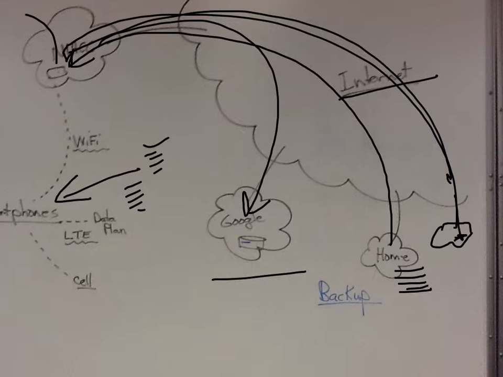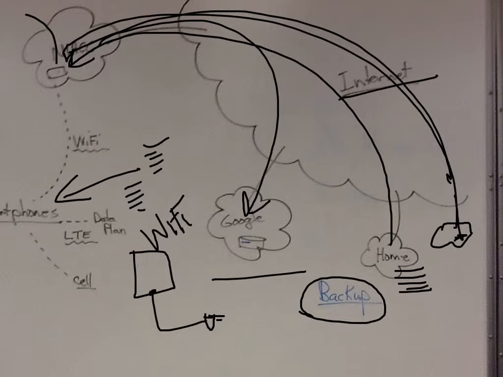Somewhere or another you have to be conscious of backing up, making a copy of it somewhere else. I talked a little bit about it in class with my smartphone. When I take my smartphone and plug it into the wall, as soon as it starts to charge, it uses the Wi-Fi at my house, takes all of my pictures and videos, and stores them somewhere on my Google Drive.